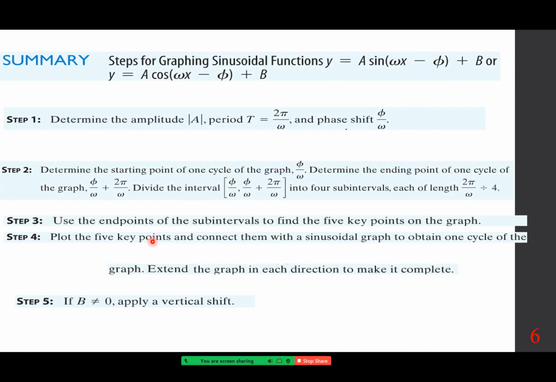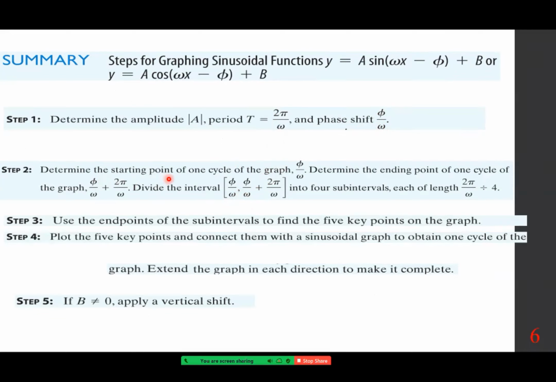So the steps are very similar to what we have seen if we have a general case of a sinusoidal function. And the amplitude is obvious, the absolute value of a. First, we find the period, 2 pi over omega. We also find the phase shift, phi over omega. And then we move this to the right and we cut it into 4 pieces.